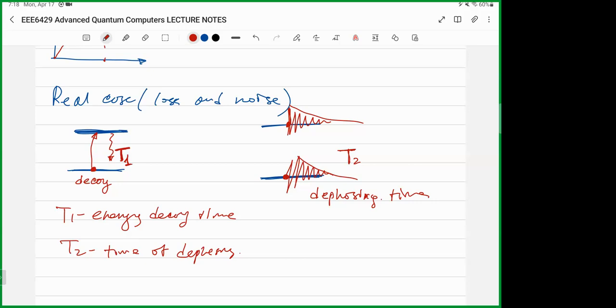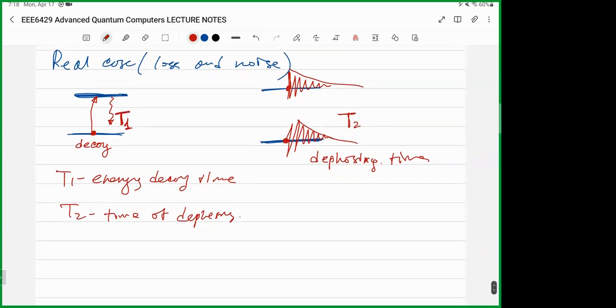So usually decoherence time is shorter and even much shorter than the decay time, and all the quantum physics, entanglement, superposition, it's all about dephasing time. So in practice, we need to increase this dephasing time as much as we can.